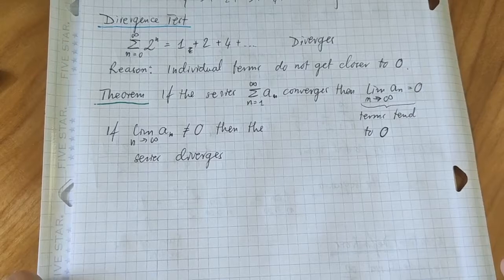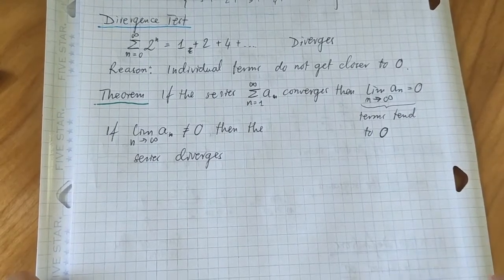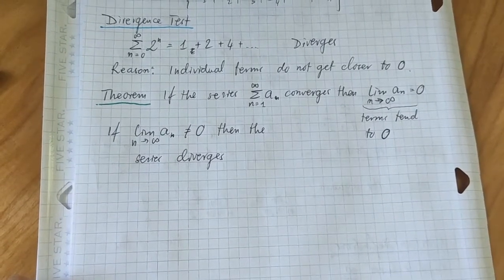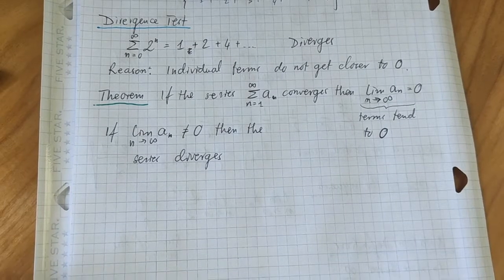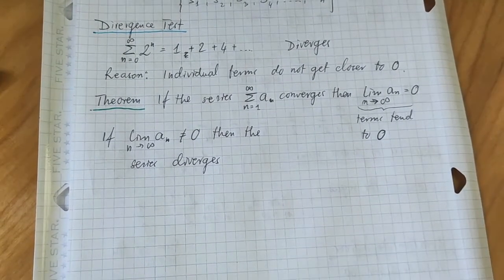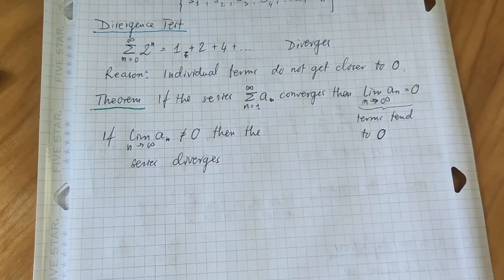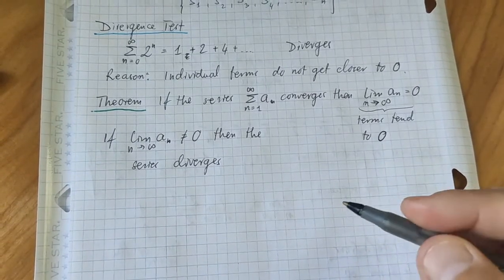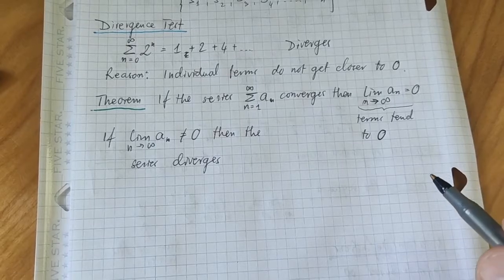If they do tend to 0, we simply don't know. I'll show you in a moment a series where the terms do tend to 0, but the series doesn't converge.